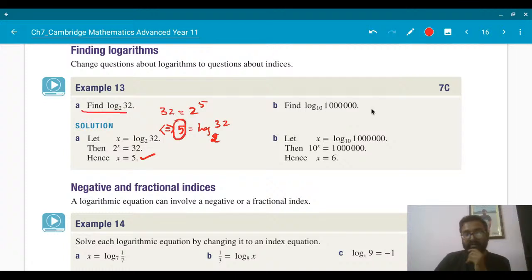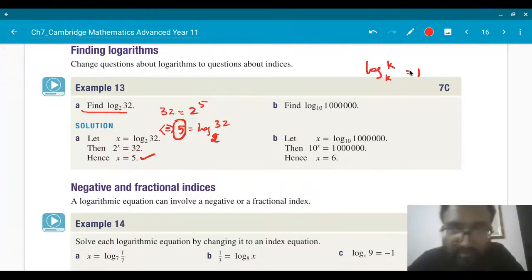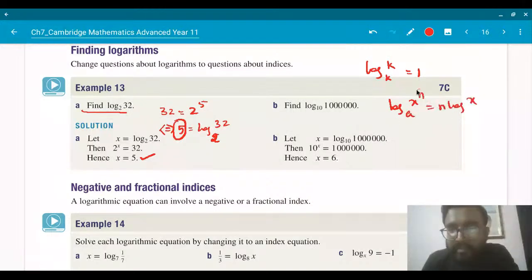Moreover, see here, log k base k is equal to 1. The properties will come soon. If the base value and the value of the domain are the same, then its value is 1. And log x power n base a is equal to n, which comes to the front.